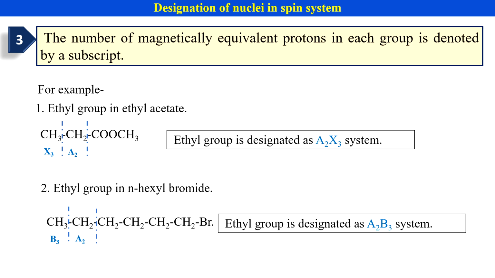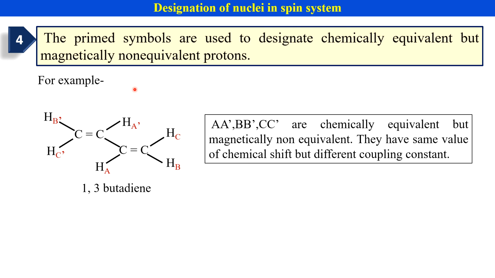That is, the number of protons is denoted by a subscript. Then the fourth rule is that primed symbols are used to designate chemically equivalent but magnetically non-equivalent protons. For example, 1,3-butadiene. In that case, there are 3 sets of protons.